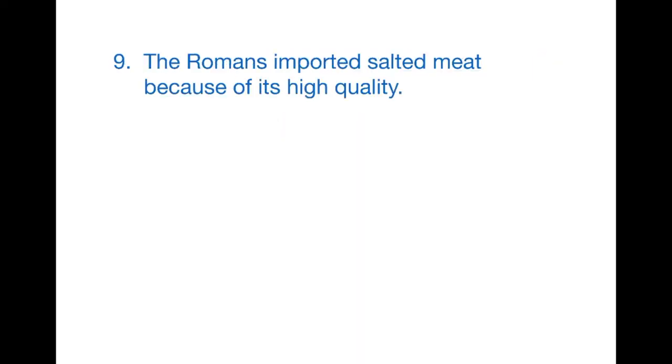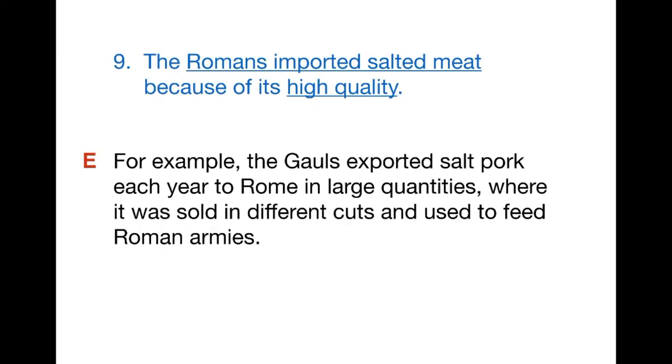Last question, number 9. The Romans imported salted meat because of its high quality. If we carry on reading and get to paragraph E, for example, the Gauls exported salt pork each year to Rome in large quantities, where it was sold in different cuts and used to feed Roman armies. We have got some of the key words.